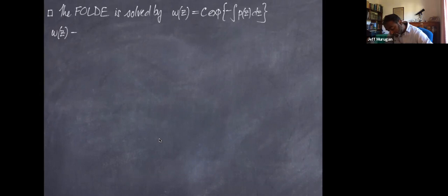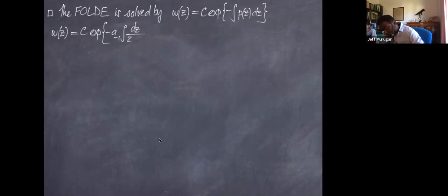So separating out the components, then I can write this as c times the exponential of minus a minus 1 integral of dz over z minus z naught.